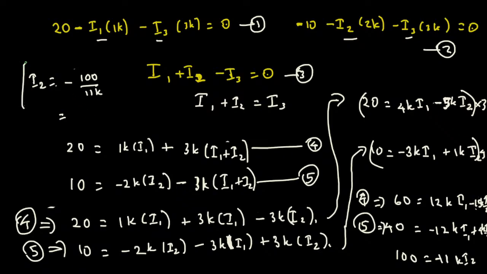So this is the answer for I2. Now once you find I2, I1 is easy, because in this equation here, you just substitute I2 and then there is only one unknown variable. I1 is the only unknown variable. So you find I1, and after you find I1 and I2, you add them together, that's I3. Okay, so I will leave that over here.